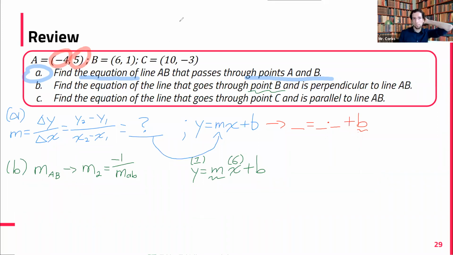Question C, parallel. What do we have to do? Parallel to AB, we have to use the same slope as AB. Okay, so parallel means same slope. So our slope, let's say 3 here, is equal to the slope of line AB because it's a parallel line.